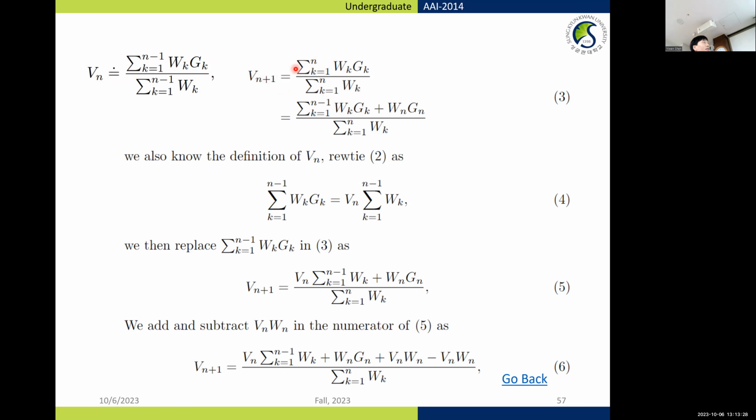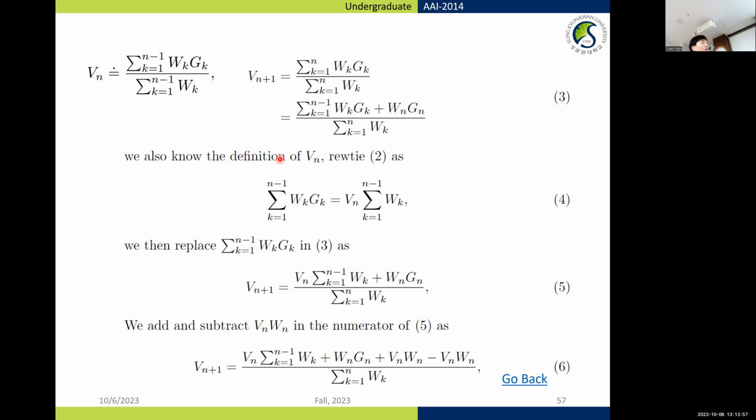You just replace n minus 1 with n plus 1 minus 1, which is n. So the ending bound of this sum changes to n. Now we extract the last item, Wn Gn, out of this sum, because the last item has been removed from the sum.